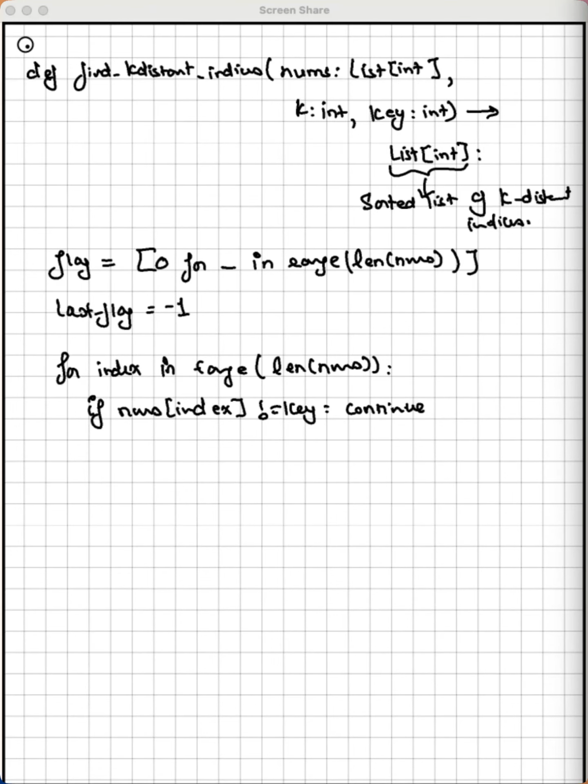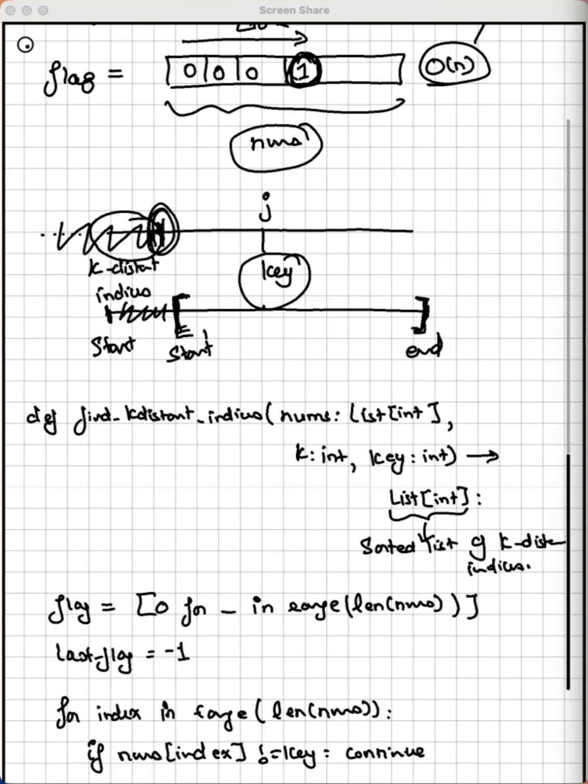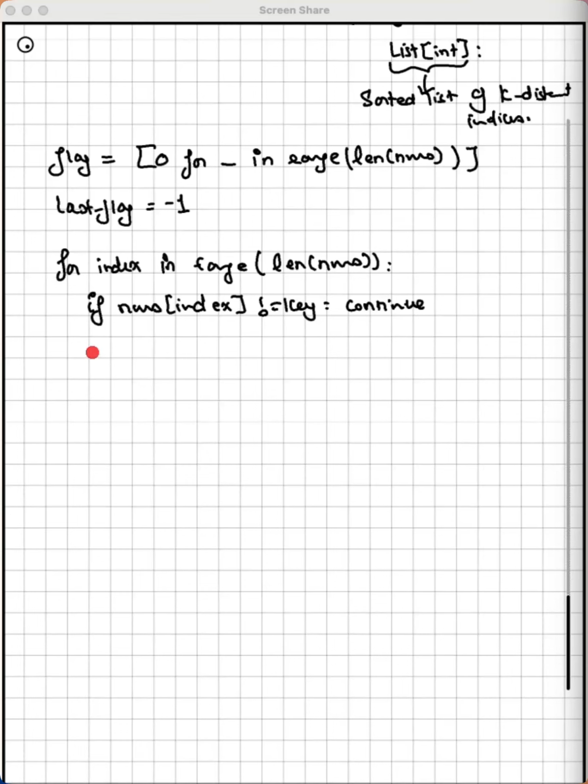But now let's think about what happens if we encounter a key. When we encounter a key, what I need to do is first define this range so that I can collect these k distant indices, mark them in the flag array so that I can read it at once and return it at the end. So let's do that part now.